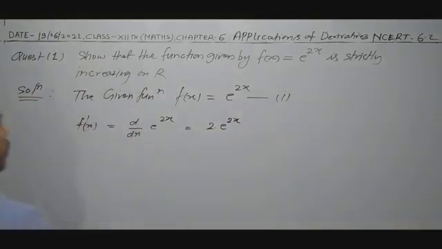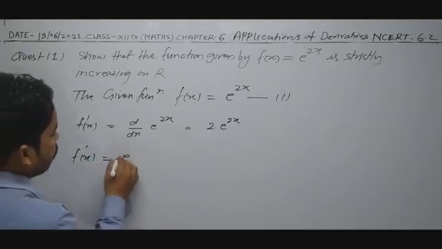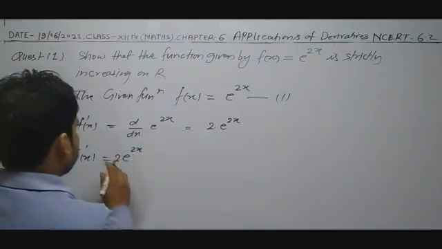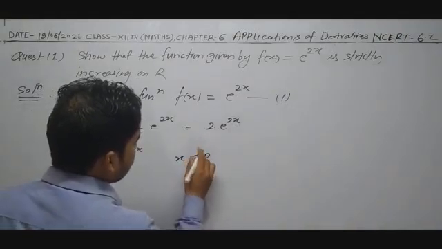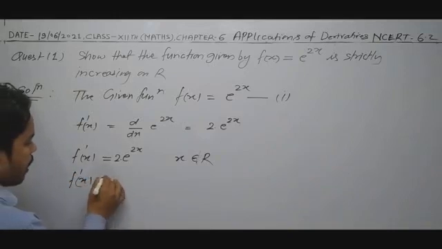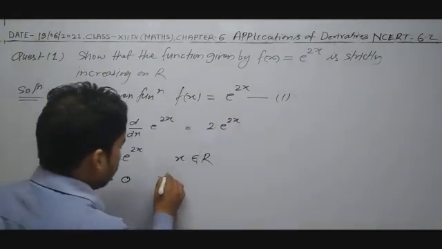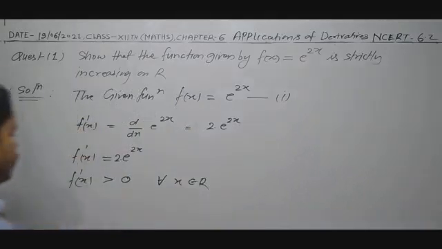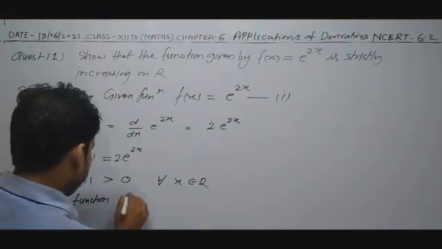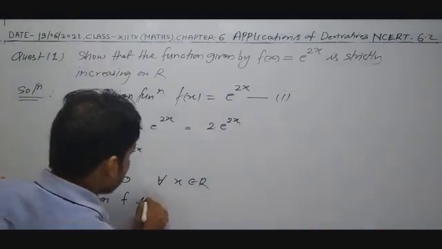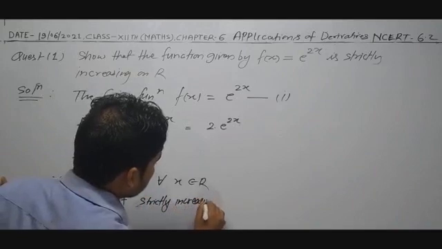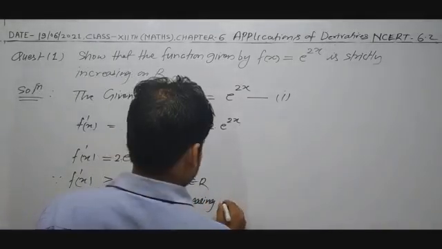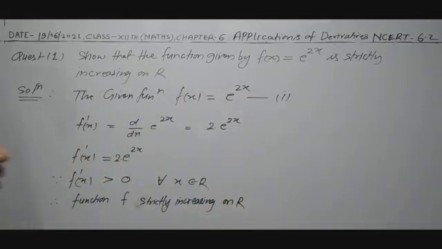So f dash x is equal to 2 times e to the power 2x, for small x belongs to R, f dash x is greater than 0 for all small x belongs to R. Therefore function f is strictly increasing on R. So this is the answer.